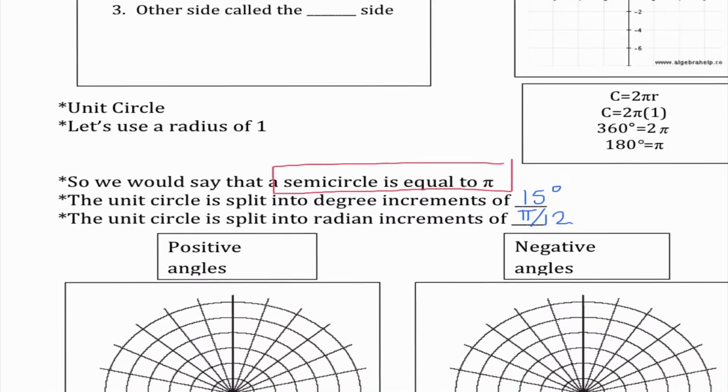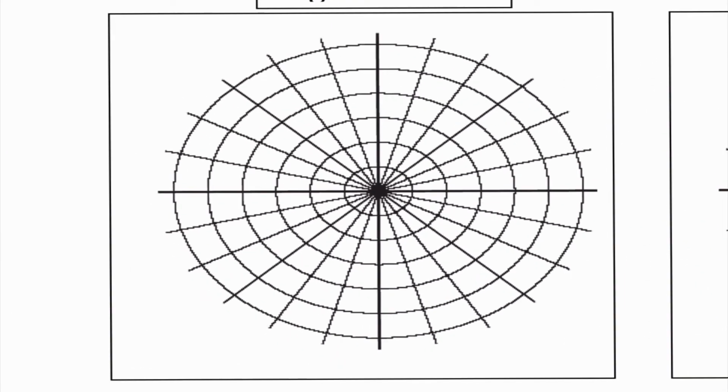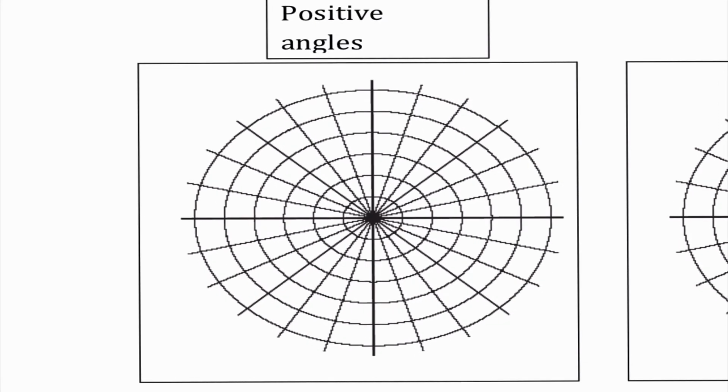We're going to take a moment here, and it might be a little more than a moment, but we're going to focus on just the positive angles and talk about them in terms of both radians and degrees. The first thing I want to remind us of: here's the x-axis and the y-axis, and we call this quadrant 1, quadrant 2, quadrant 3, and quadrant 4.